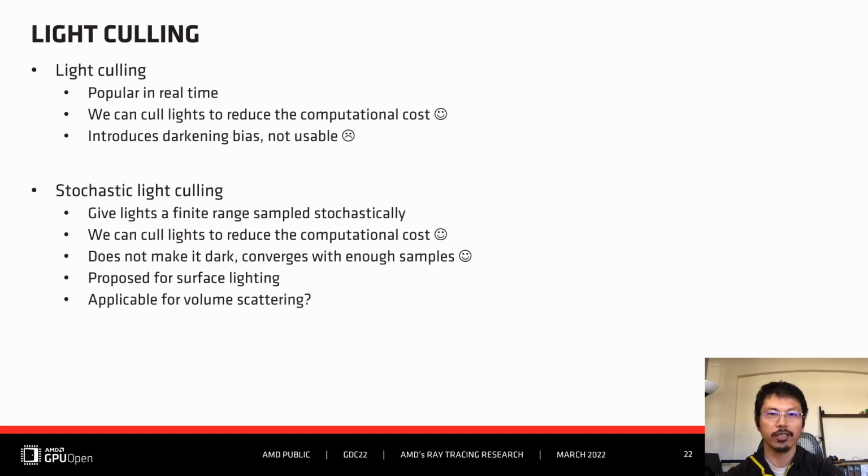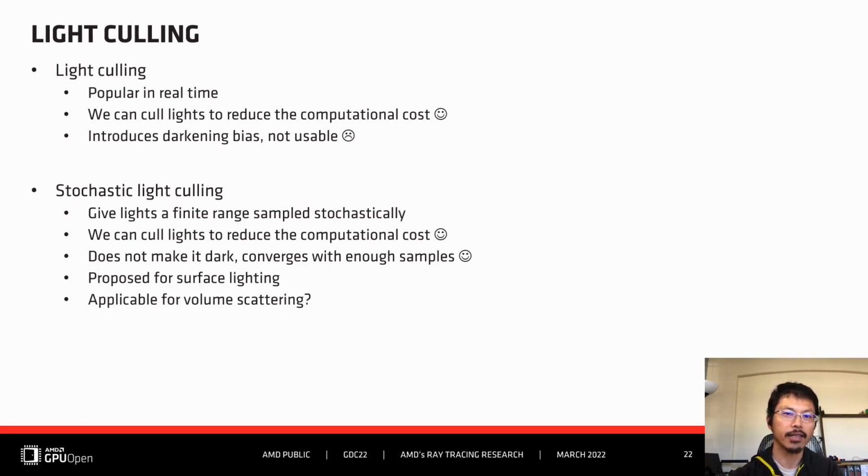An obvious choice here could be light culling, which is very popular in real-time applications. It is good because it cuts lights to reduce computation cost. However, it is not good because it introduces a darkening bias.